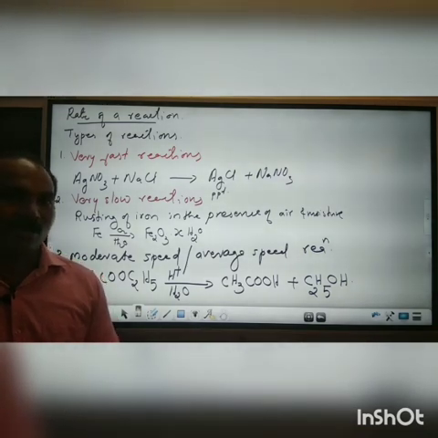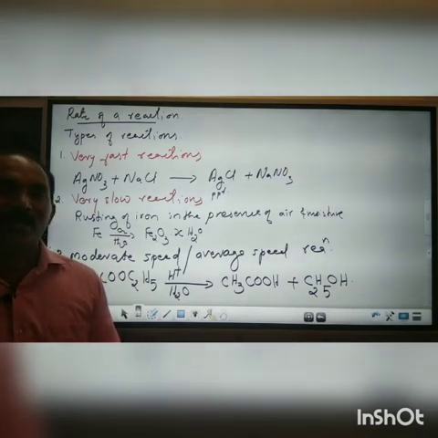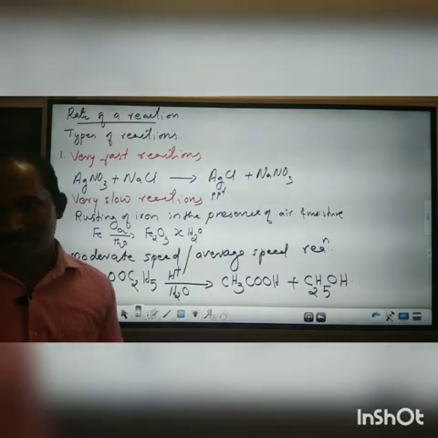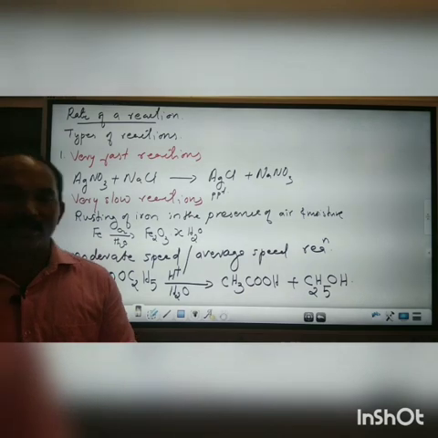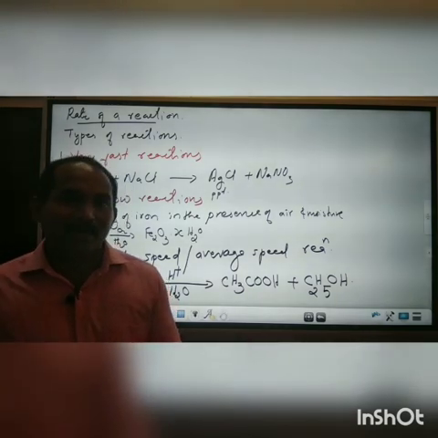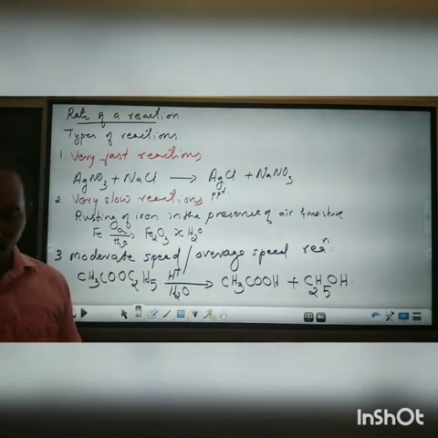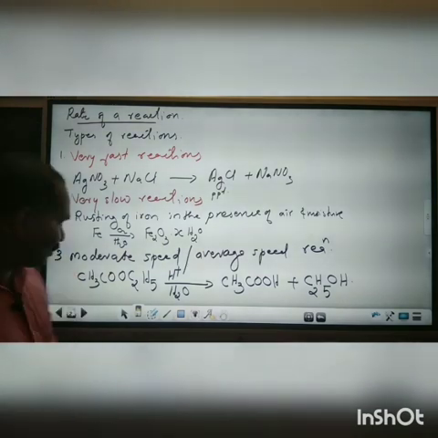So change in the concentration is determined in a regular interval, and the change in the concentration of any one of the reactants or products per unit time is the rate of the reaction.